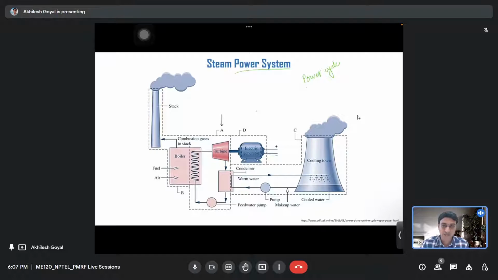A power cycle is a cycle which continuously converts heat energy into shaft work. Okay, that is called a power cycle. And in a power cycle where the working fluid is water or steam, that power cycle is called a steam power cycle.